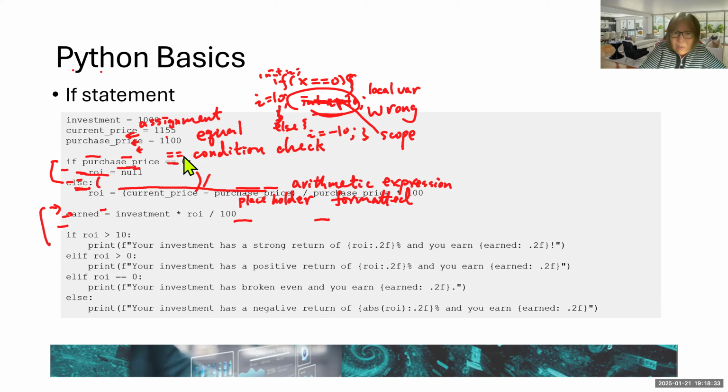If this condition is met, it will go to here. If it is not greater than 10, so it's less than 10, it will check if it is greater than 0. If it is greater than 0, it will go to this statement. If not, it checks if it is 0. If it's none of these, it will go to the else. So it's multi-way.